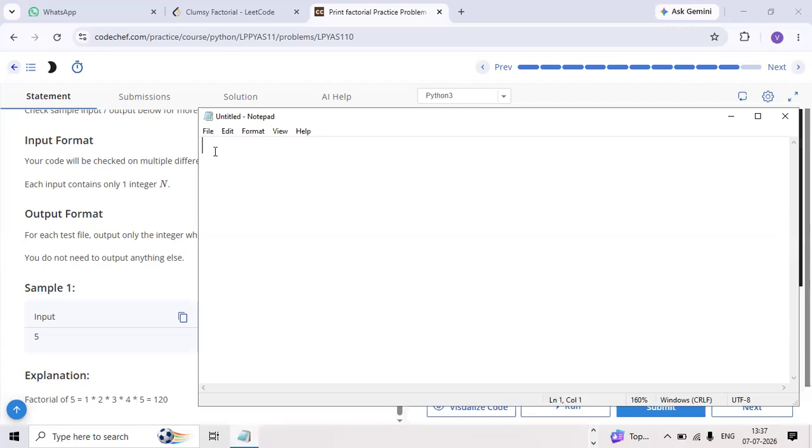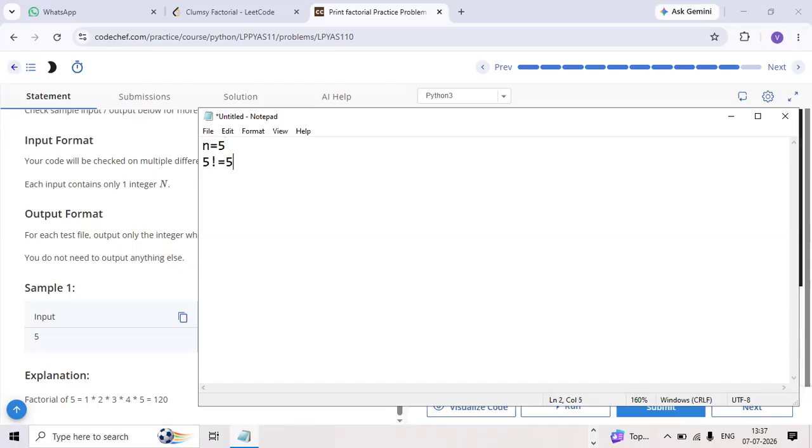How can we think recursively about the solution? We want to calculate 5 factorial.